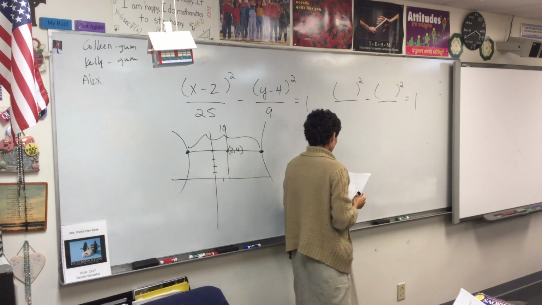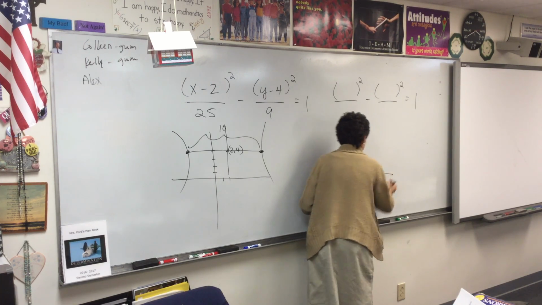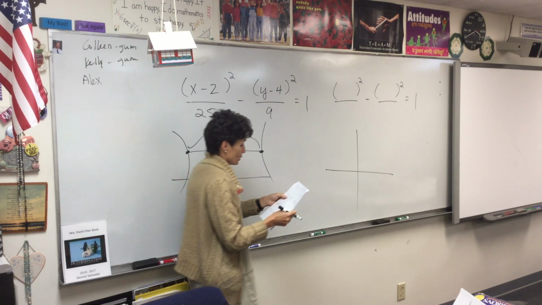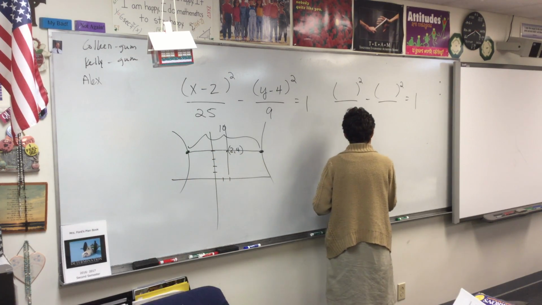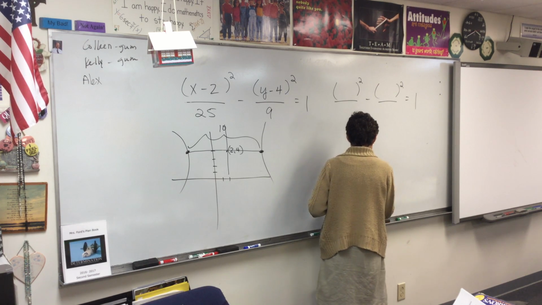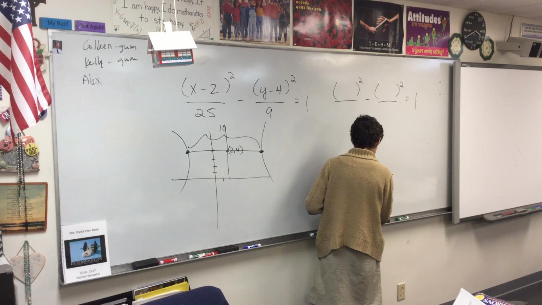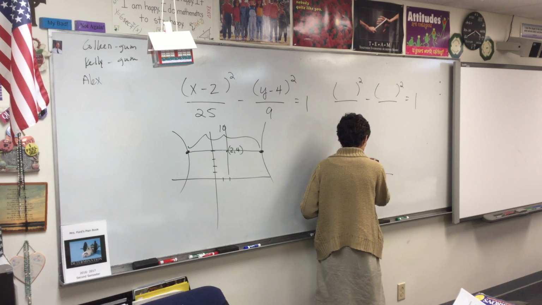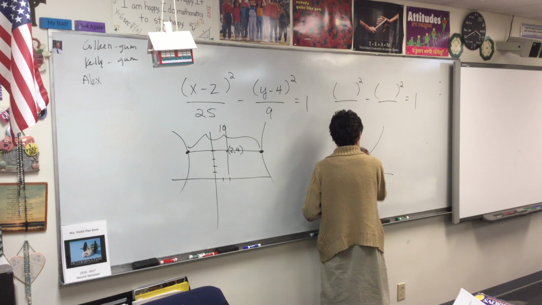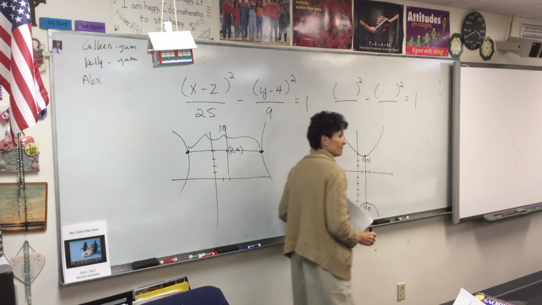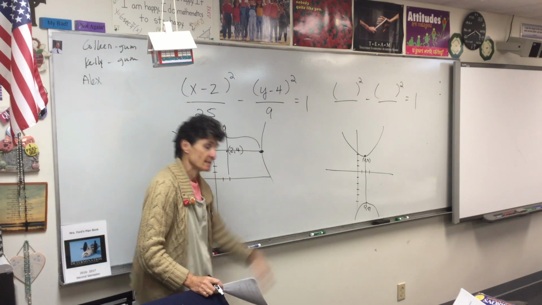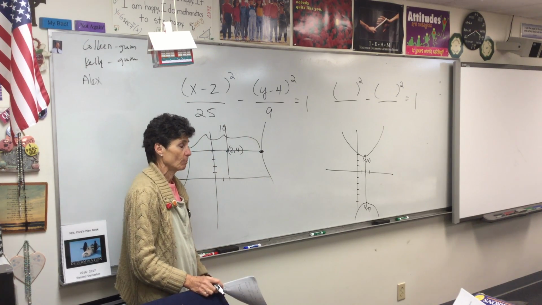The endpoints of the transverse axis are 2, 3 and 2, negative 5. Now, if this connects the hyperbola, then the hyperbola must look like this, right? Would you agree with me? Transverse joins the vertices, connects the branches of the hyperbola.